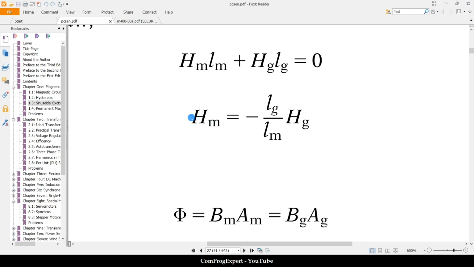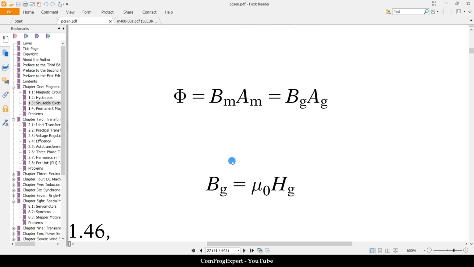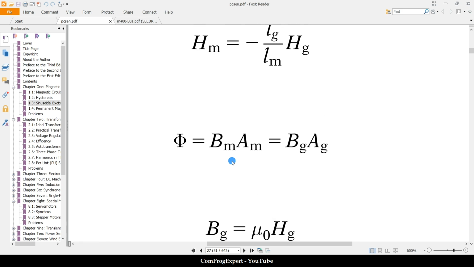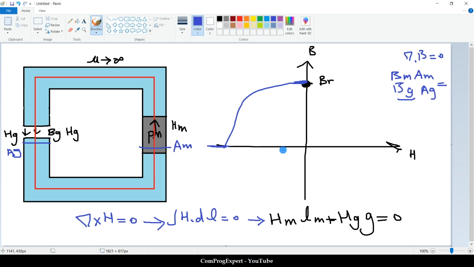As you can see, H inside the magnet is in the opposite direction of H in the air gap. And also we can calculate the value of the B. So HM and BM are the operating point, the new state of the material. So I can draw this line.